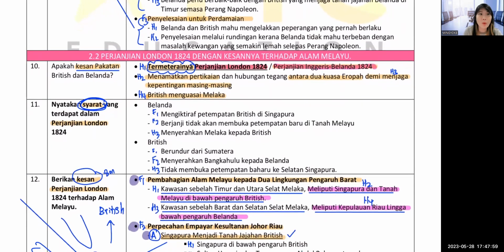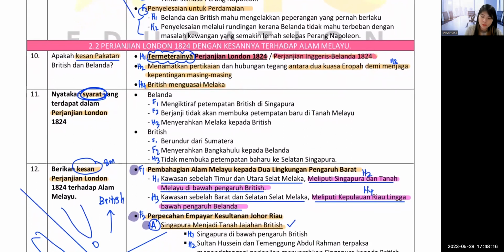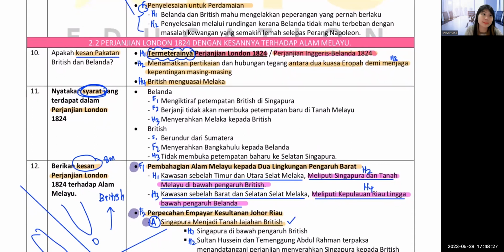So accordingly, what happened? Their huraian is that they stop argument between the European country, for the benefit of their countries, and so that British can take over Malacca. So basically, if they ask you kesan, you have 1 mark, 2 mark, 3 mark, 4 mark. Yeah, depends on how many marks.